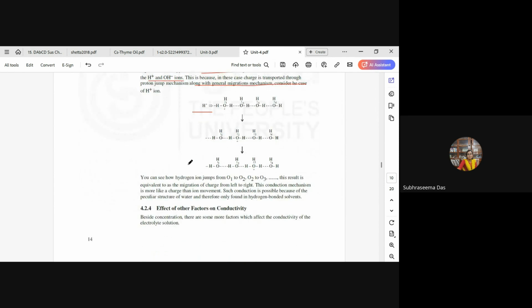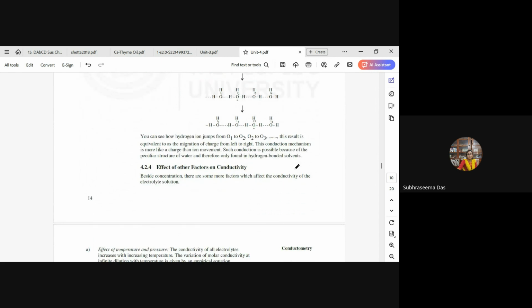Here, the hydrogen ion jumps from O1 to O2, followed by O2 to O3. This is called the proton jump mechanism. However, this conduction mechanism has been particularly observed for water and only in hydrogen bonded solvents.